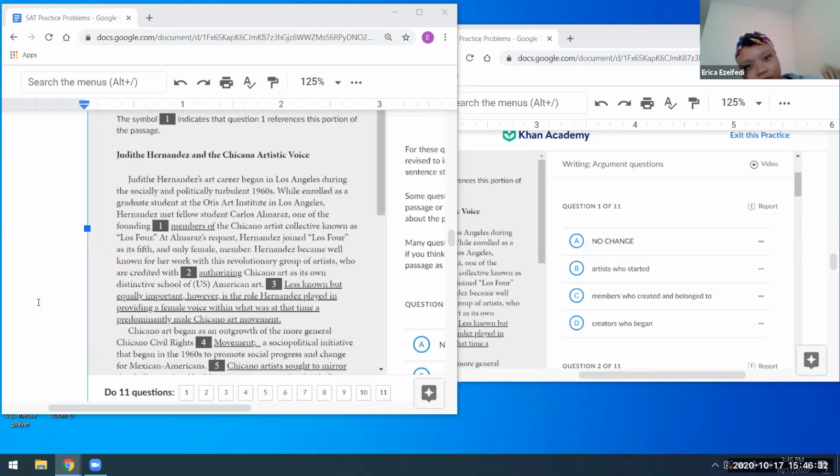So I'm going to read it with the correct answer, which is no change.